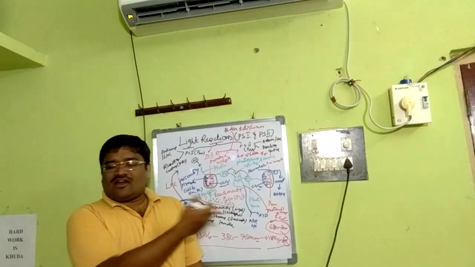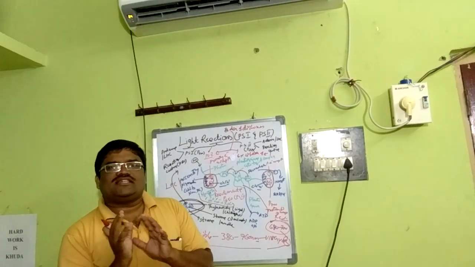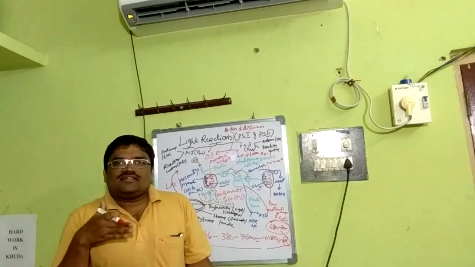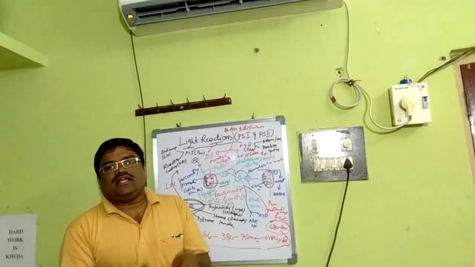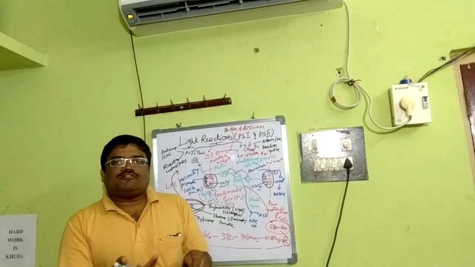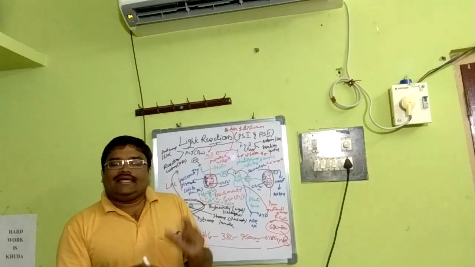Just like in the electron transport system, ATP is synthesized by what we call the chemiosmotic hypothesis. Here, synthesis of ATP is connected to the proton gradient. The only difference between the synthesis of ATP in chloroplast and in mitochondria is where protons accumulate.